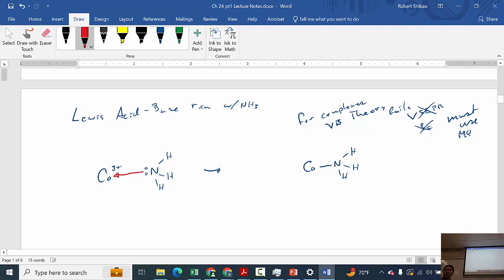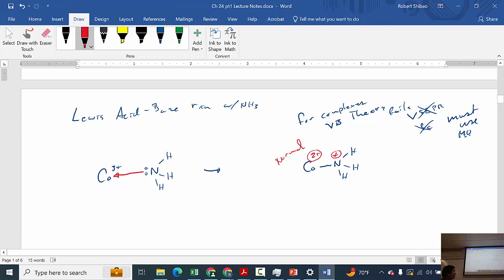So normally, if I have nitrogen with 4 bonds, what's the formal charge on nitrogen? Like in ammonium. Normally, this nitrogen would have a positive formal charge. And then the cobalt 3 would go to cobalt 2+. This is what we normally do.